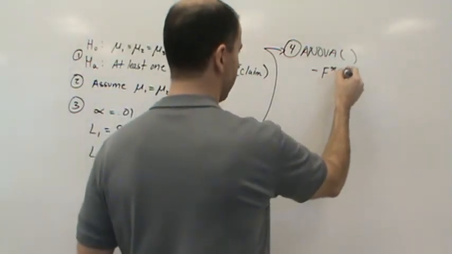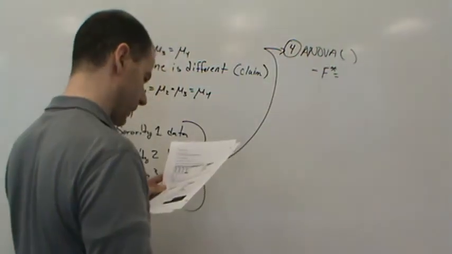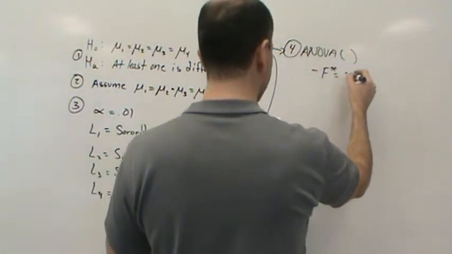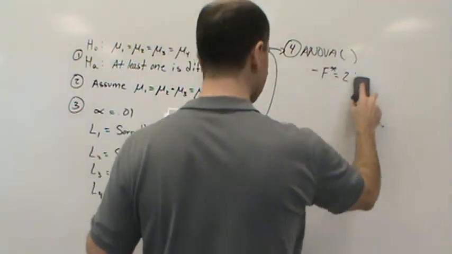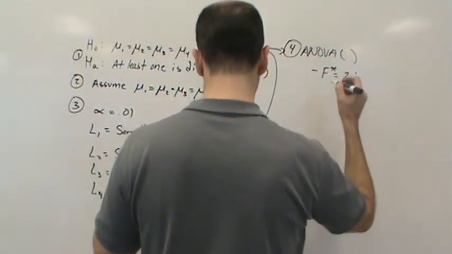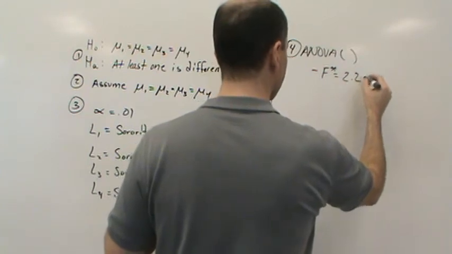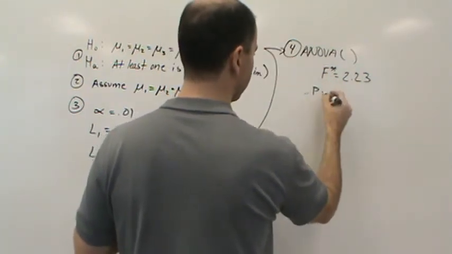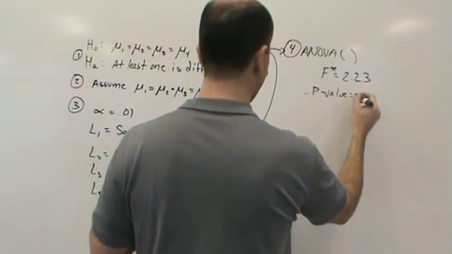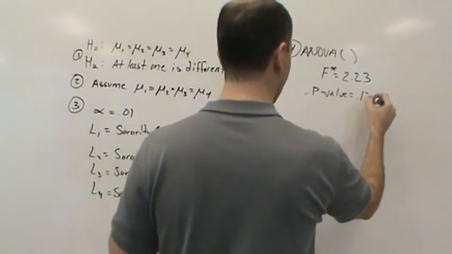My F star value turns out to be 2.23. And my p-value equals 0.1241.